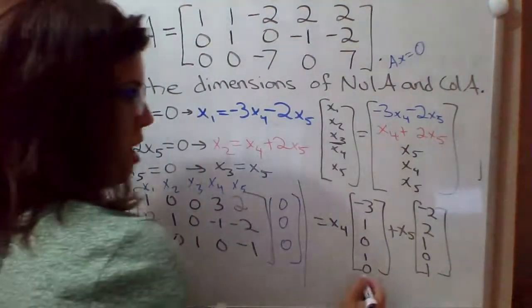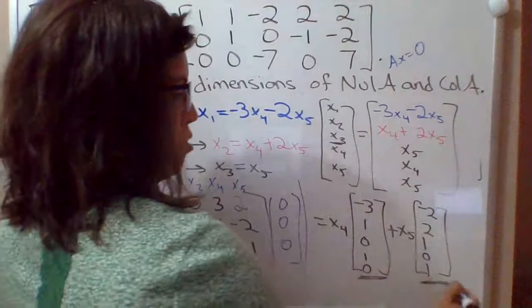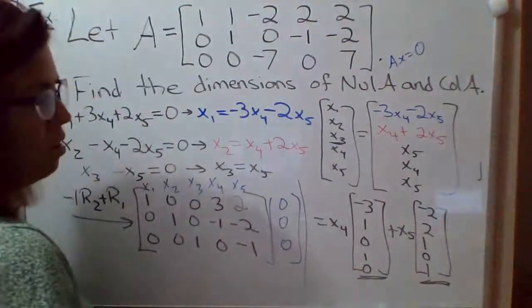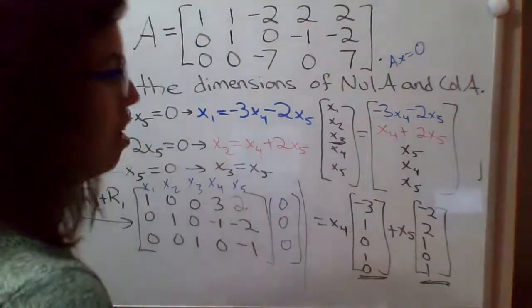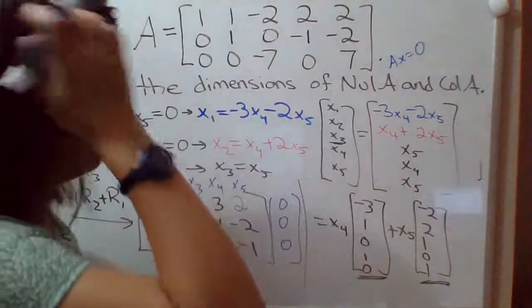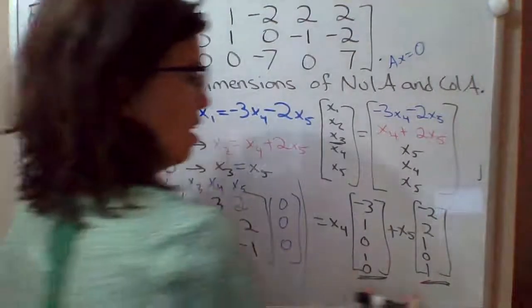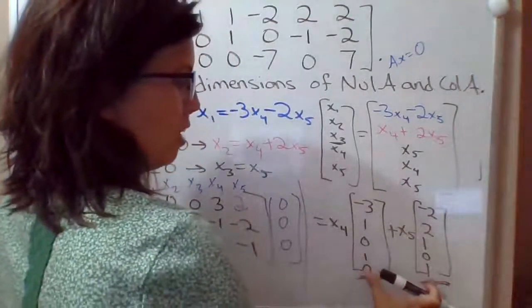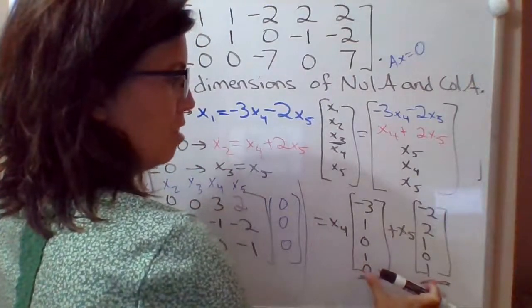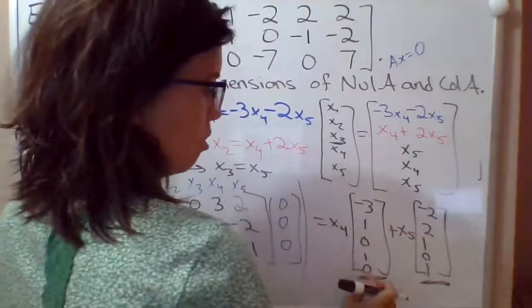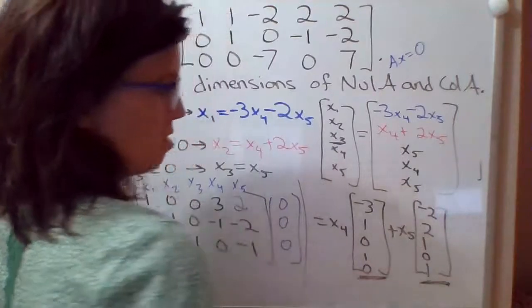And so these two vectors are going to constitute a basis for the null space of this matrix. I know that because, first, I can tell by my work here that these two vectors span the null space, and also neither one of these is a scalar multiple of the other.